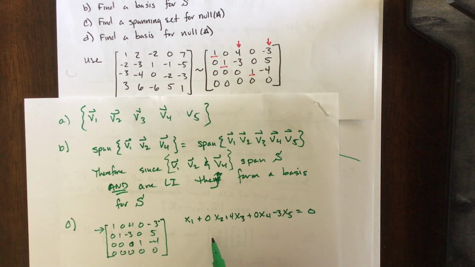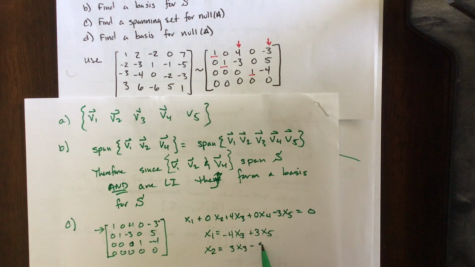So I can conclude that x1 is equal to minus 4x3 plus 3x5. In a similar fashion, I can say that x2 is 3x3 minus 5x5. x3 is equal to itself.